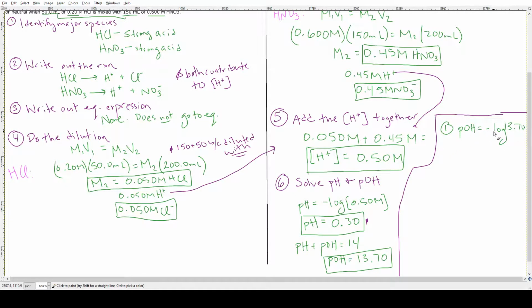So I'll move that negative over first. This is log base 10, so I need to do 10 to the pOH, which is 13.70.